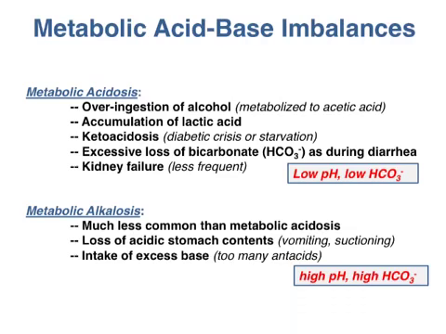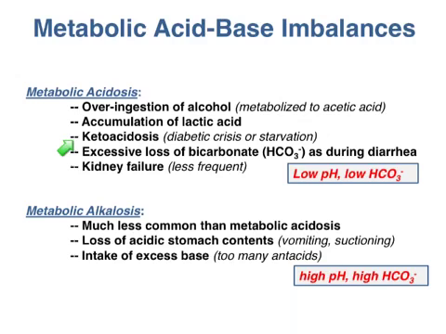The most common forms of metabolic acidosis are lactic acidosis, accumulation of lactic acid, or ketoacidosis. And ketoacidosis is an accumulation of ketone bodies that are formed during uncontrolled diabetes or during starvation.